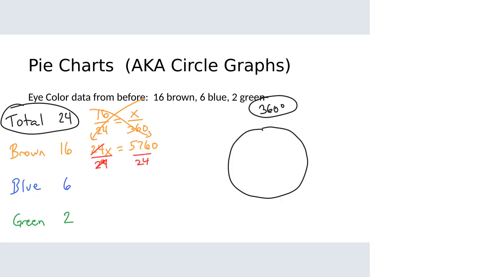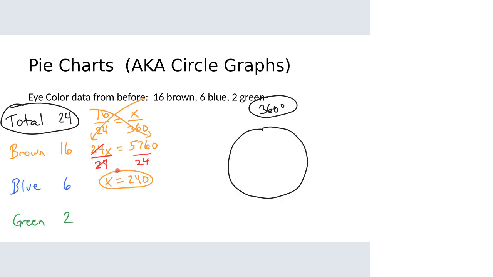Those will cancel, leaving just the x. And what I end up with is x is whatever 5760 divided by 24 is, 240. So how many degrees am I going to give to Brown? I'm going to give 240 degrees to Brown.